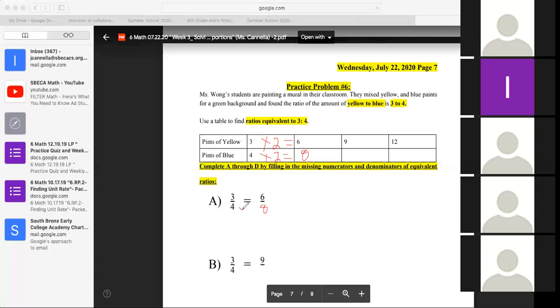Times 2. We just did this. Escribe. Times 2. Muy bien. Okay, we're not done yet. Let's keep going. 3 times what? 3 por qué número son 9?